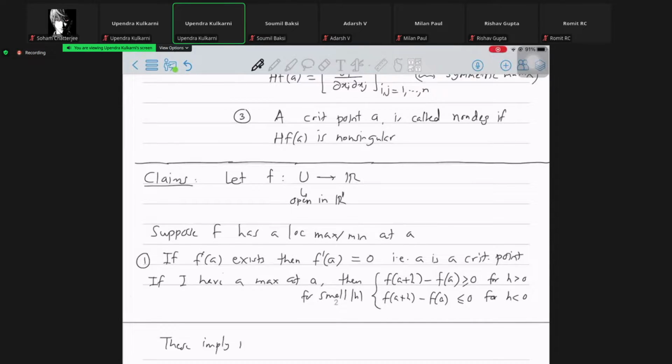These imply respectively that f prime of a must be. So the first one is saying that when I divide by a positive h, correct, and oh sorry, what did I write down? That's just wrong, no?